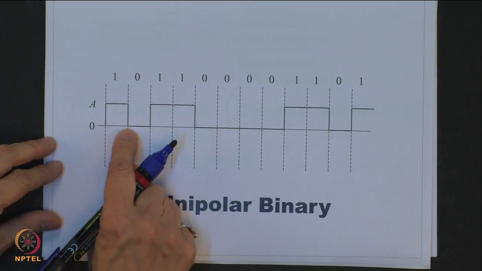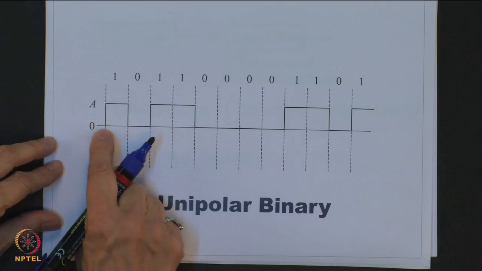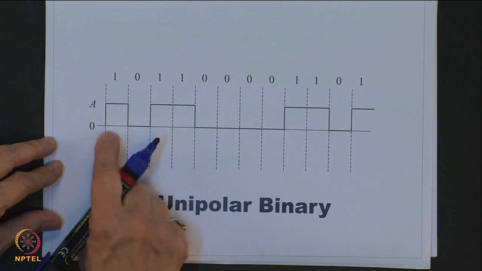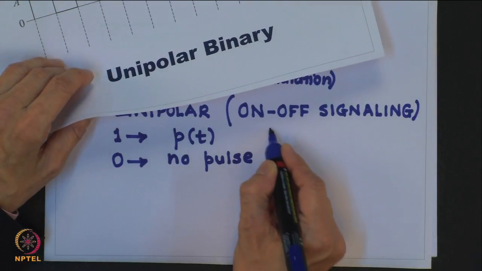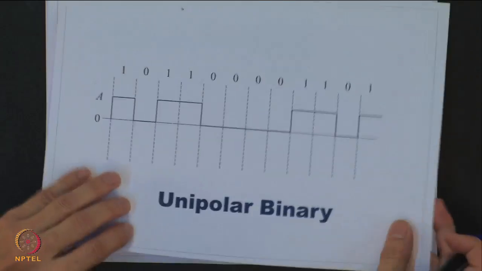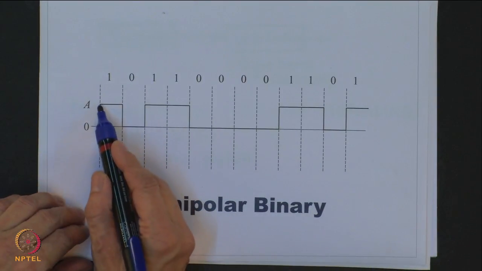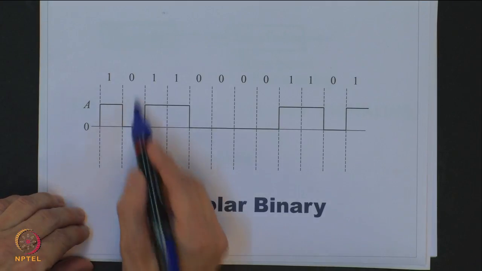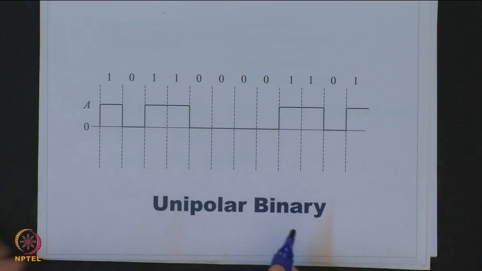So, from here to here each binary digit is existing over the duration of TB. So, for 1 we send a pulse of height A, for 0 we do not send any pulse. So, this is the digital signal of the output from a line coder which uses unipolar format.